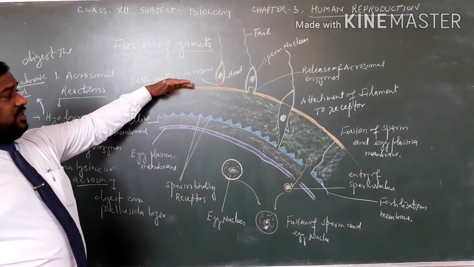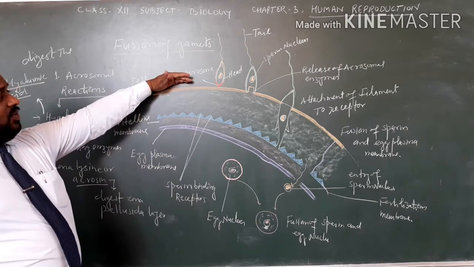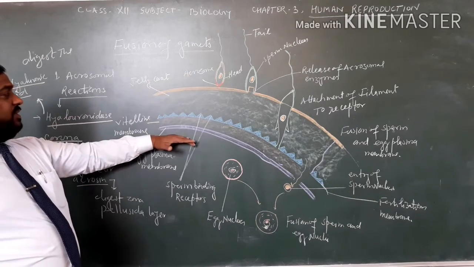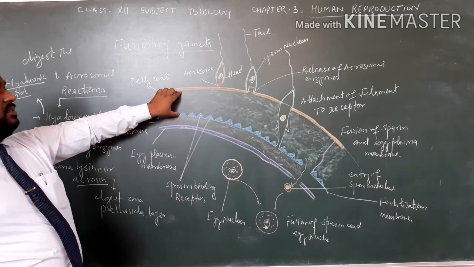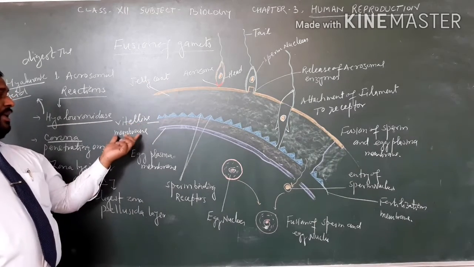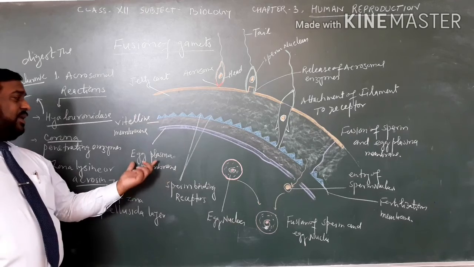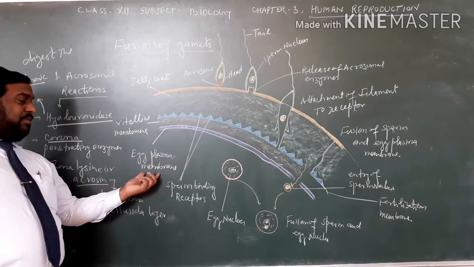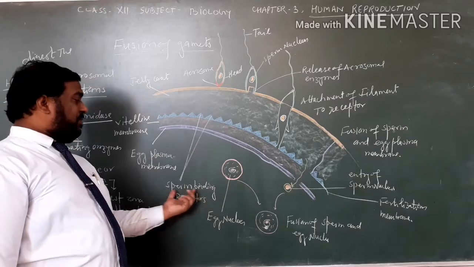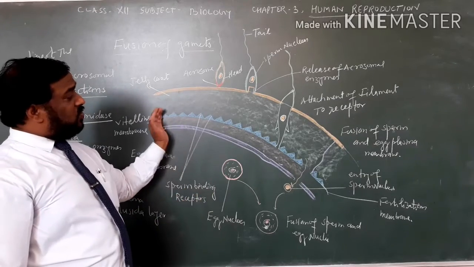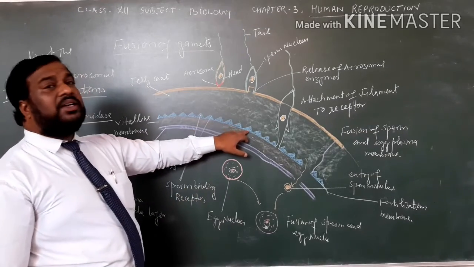So these are the layers by which the ovum is covered. One is the jelly coat, which is thick. After that, the vitelline membrane, then the egg plasma membrane, then some sperm binding receptors, where the sperm binds.